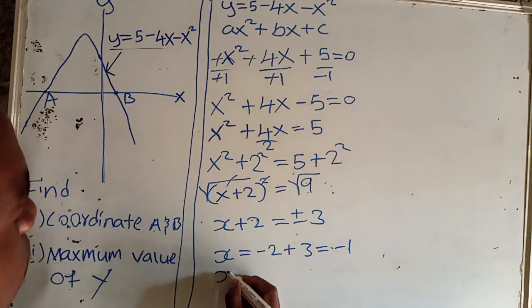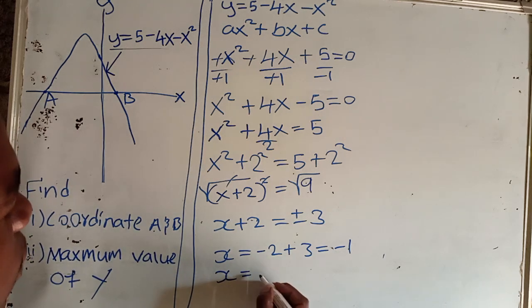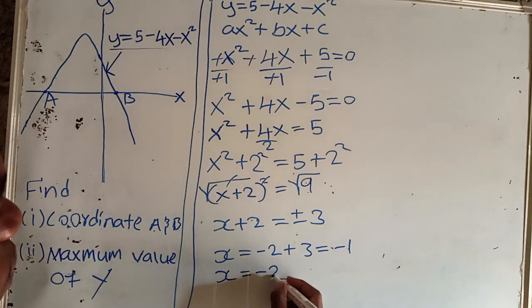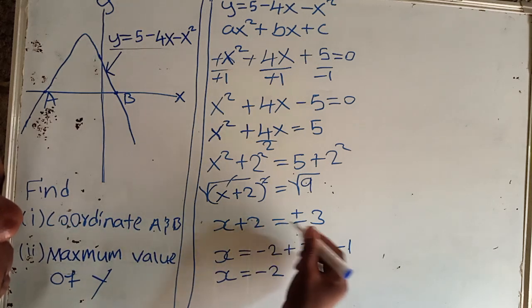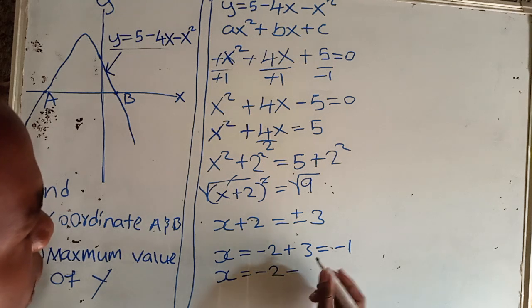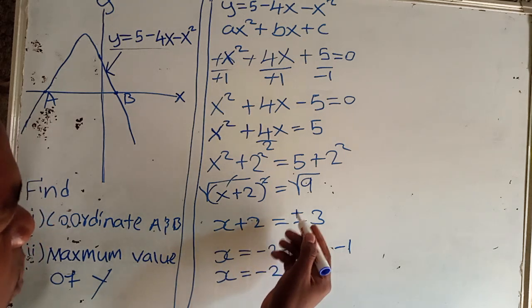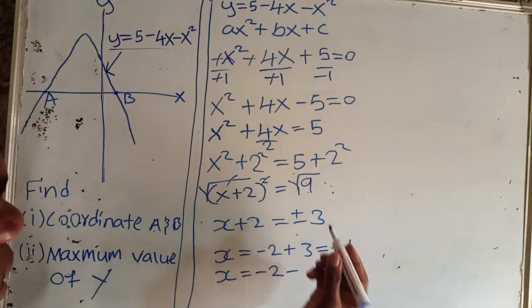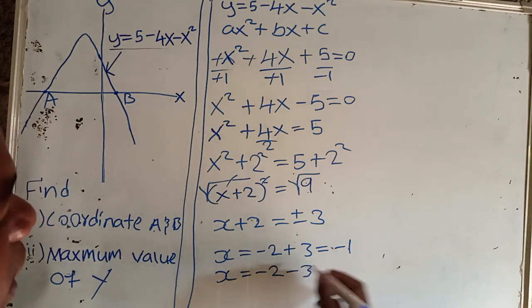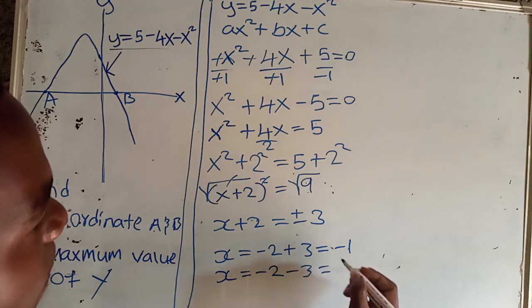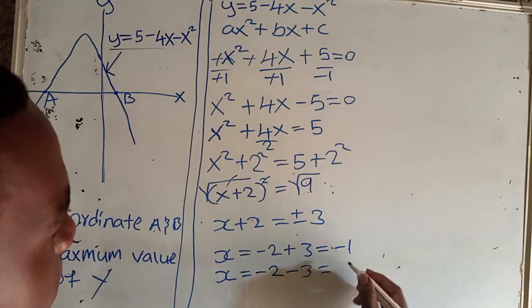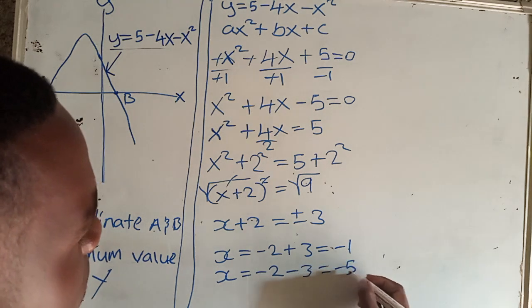And another answer that we're going to have will be x is equal to negative 2, then a negative 3. At first we used a positive 3, so now we are going to use a negative sign, so we have a negative 3. So we are going to have a negative 5.